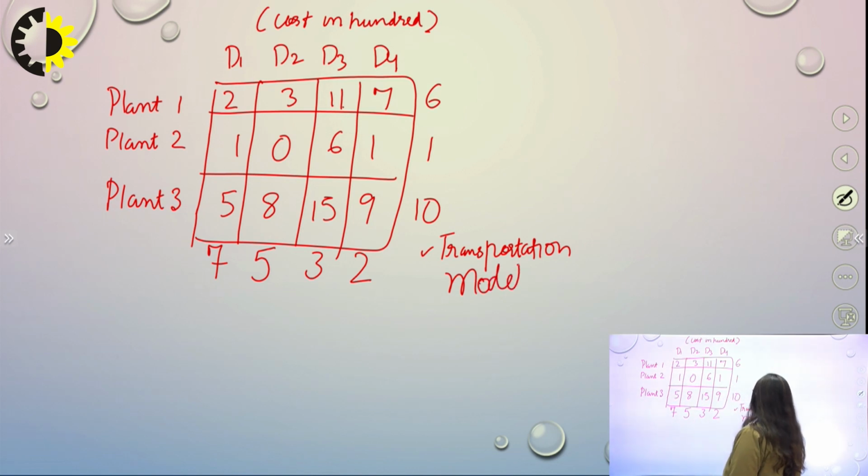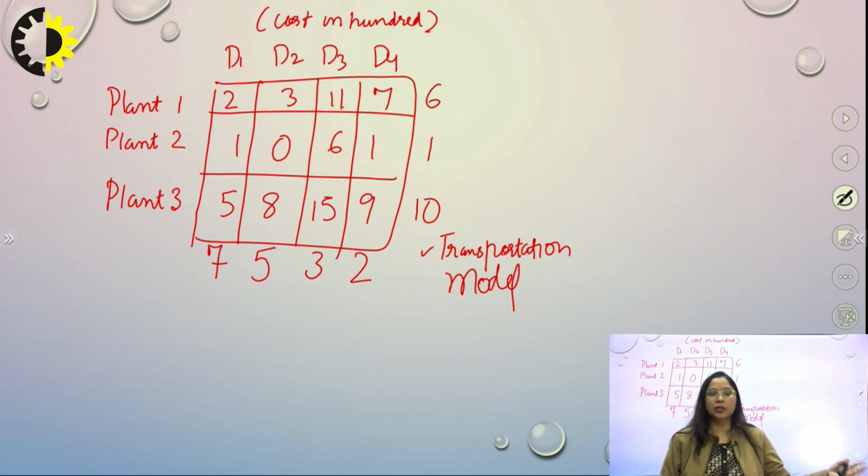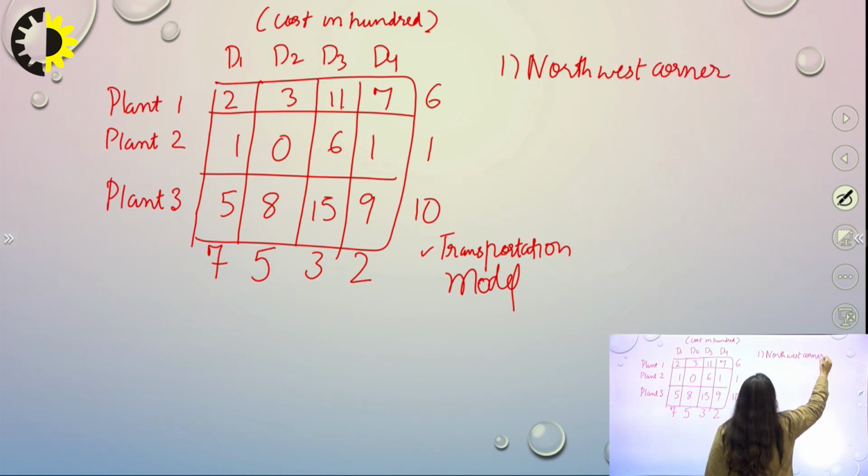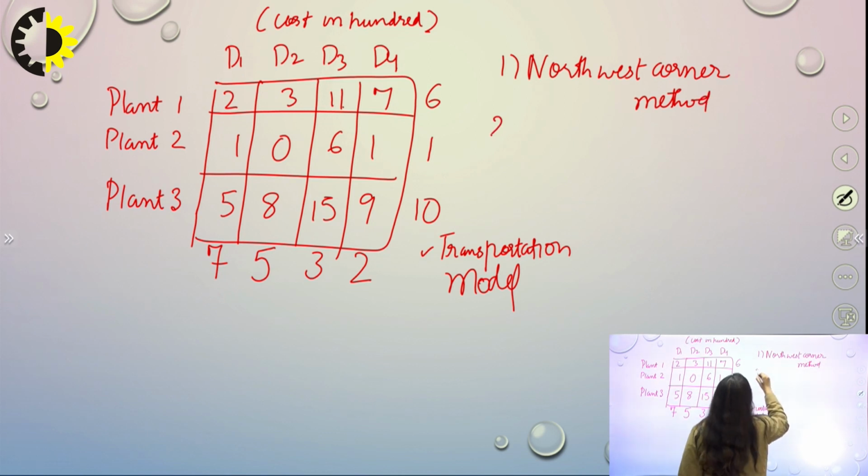Now, there are various methods which can be used to solve this particular matrix. Number 1 is the northwest corner method. Number 2 is the row minima method.